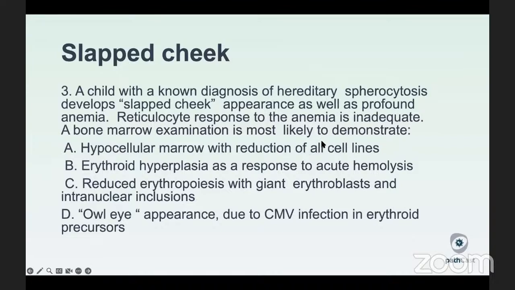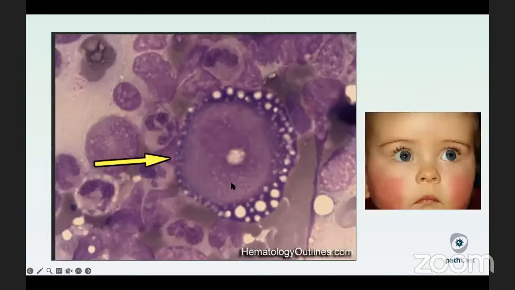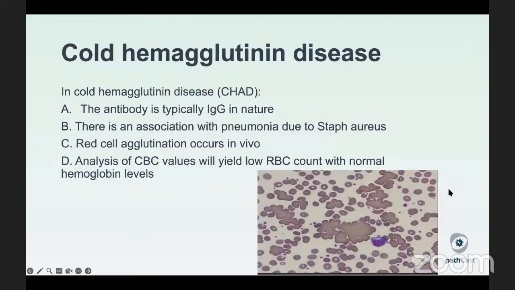It does not affect all cell lines, it affects only pure red cells, and it's a problem with the production of red cells. It doesn't cause hemolysis. It decreases erythropoiesis and causes giant erythroblasts with intranuclear inclusions, as you see in this picture. This is also adapted from the hematology outline. It's a very, very common picture you might see in your board exam, and slapped cheek fever, as we call it.